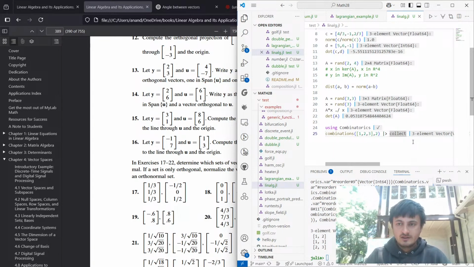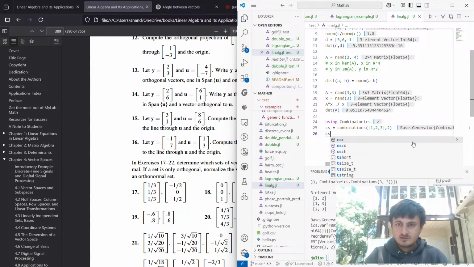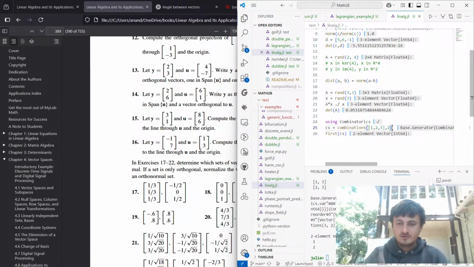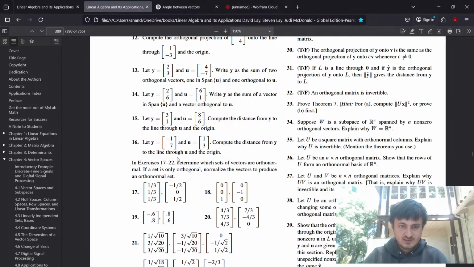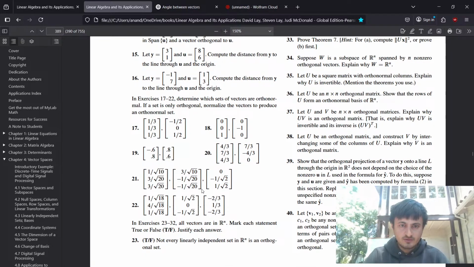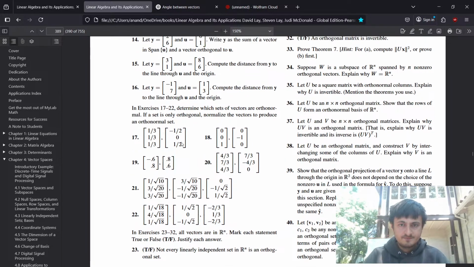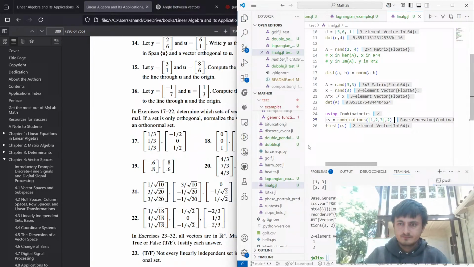So let's just say C's is equal to this. First of C's. So let's just do a test here. Let's take the hardest. It's too hard to write these out. Let's just do the first one.